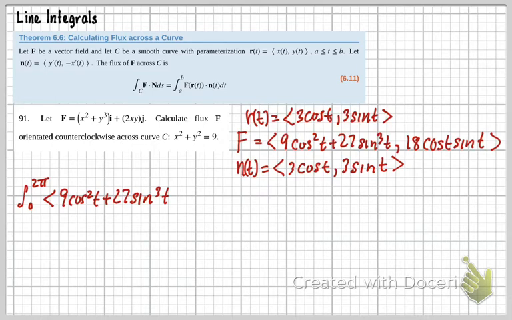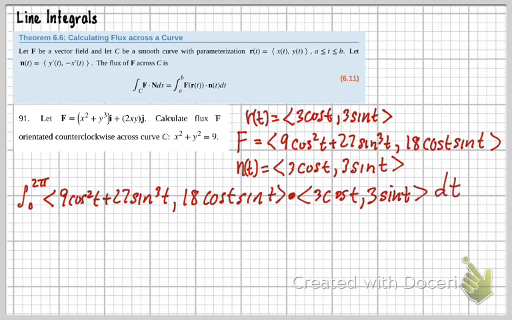One thing I realized, I'm writing it out first. I thought I was doing a dot product already, but I'm not. So 18 cosine t sine t, and there's the first one, dotted with 3 cosine t, comma, 3 sine t, dt. Now we're going to actually take that dot product and simplify it the best we can.